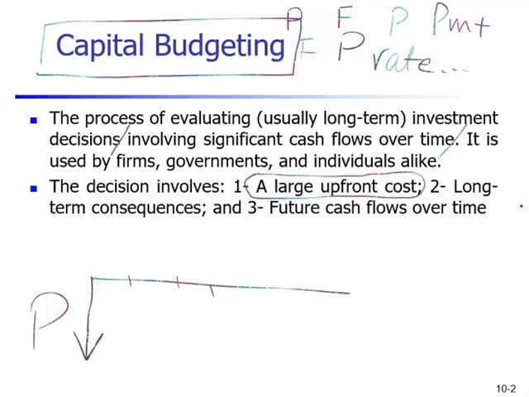And after that, years after that comes with different cash flows and future cash flows over time. So you see, every word in this classic definition aligns with what we discussed together.